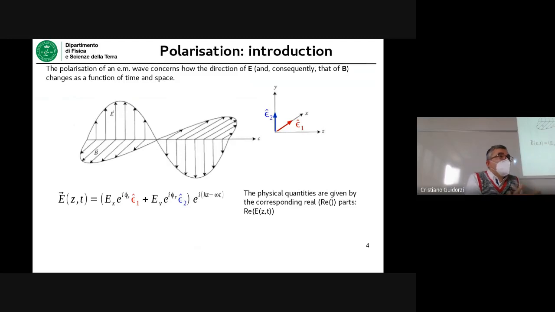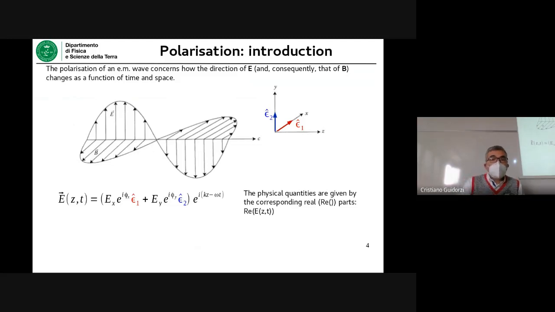They have been generated by different atoms, which work completely independently of one another. So the relative phase, phi x and phi y, can change in a random, completely independent way, if you think that what you see is the result of electromagnetic radiation produced by a lot of atoms. So there's no reason to expect a fixed phase.